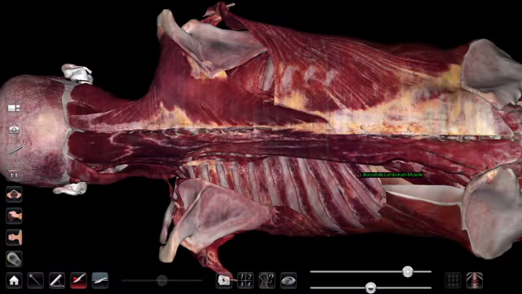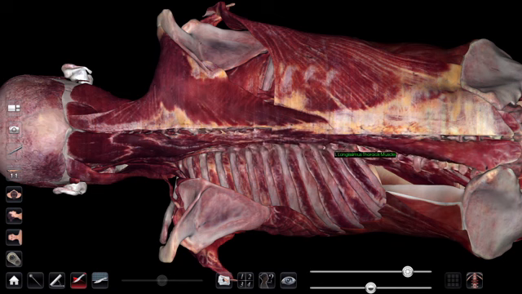So here's iliocostalis lumborum, iliocostalis thoracis, and iliocostalis cervicis. Next, we get to the longissimus complex: longissimus thoracis, longissimus cervicis, and there's even a longissimus capitis. When we get to the spinalis muscles closest to the spine, we see the spinalis thoracis.